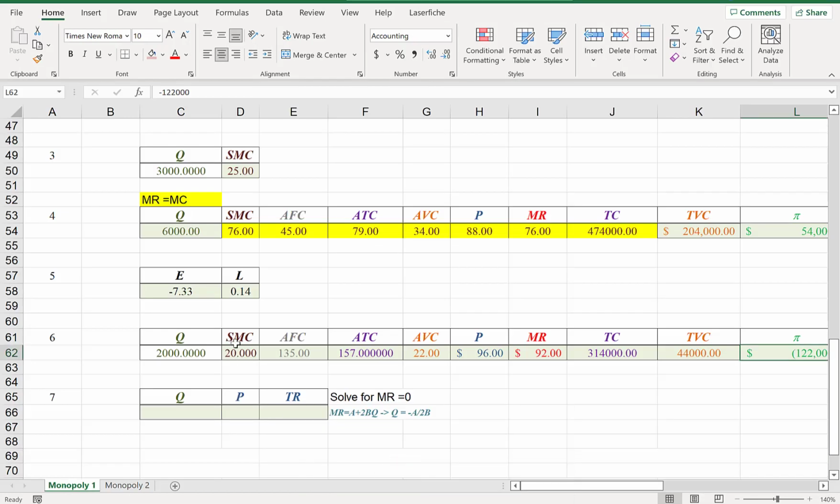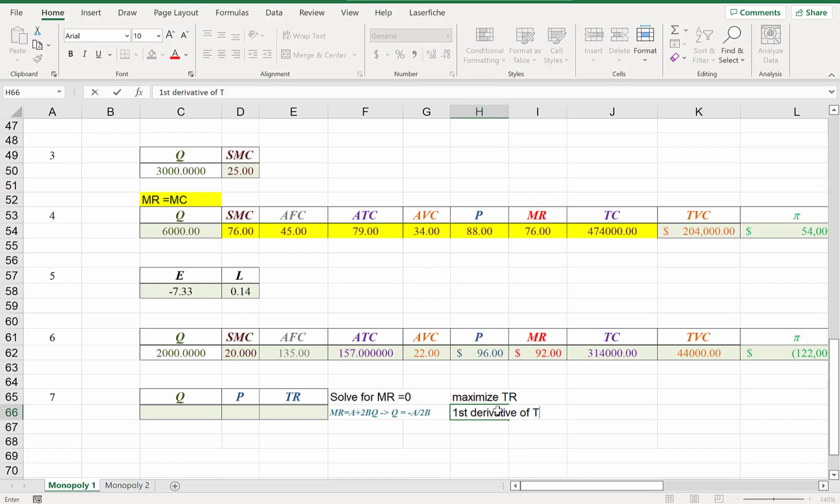So far we have done profit maximization. Now it's asking us to maximize total revenue. That means take the first derivative of total revenue, which is marginal revenue, and equalize it to 0. That's exactly what you should do. So what's marginal revenue?